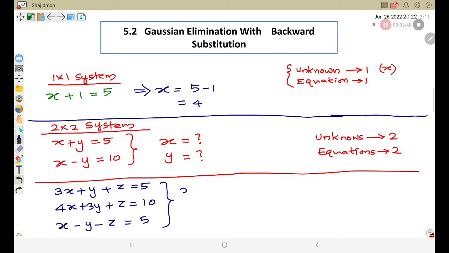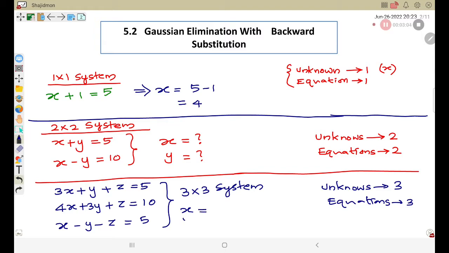This one is a 3 by 3 system because we have three unknowns, x, y and z, and three equations. We need to calculate the x value, y value and z value from this 3 by 3 system.